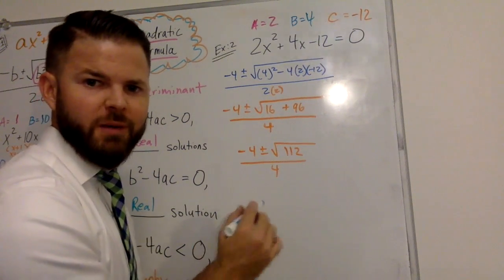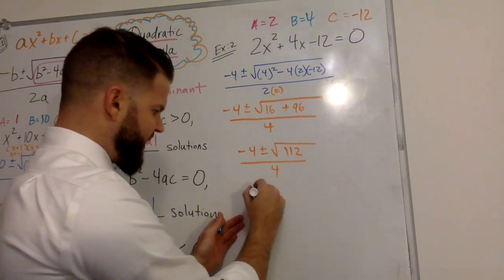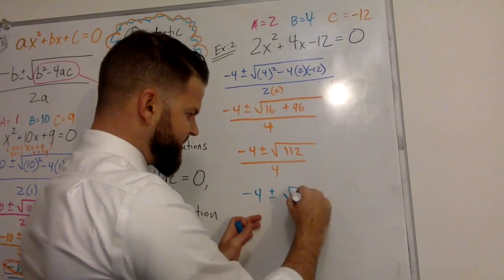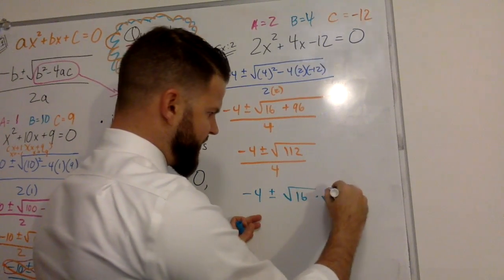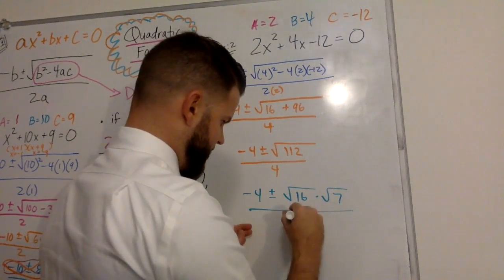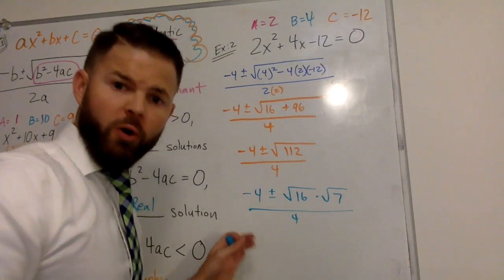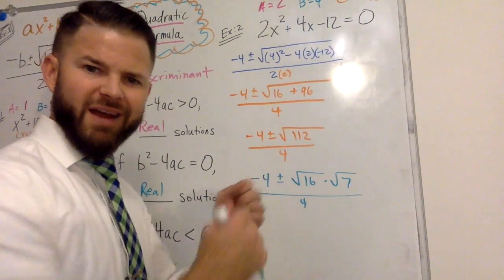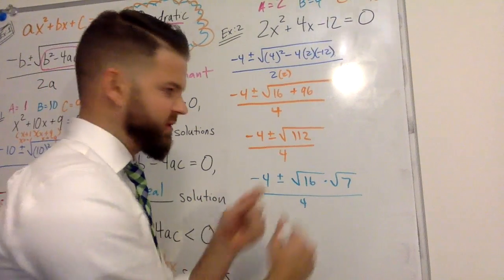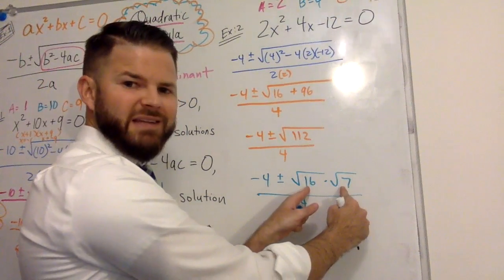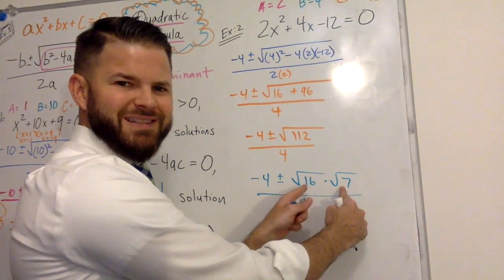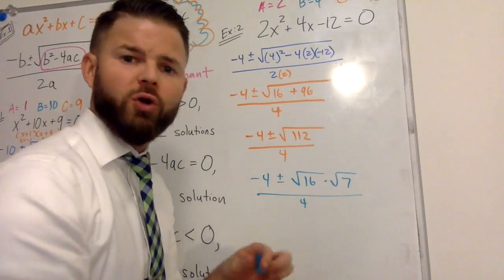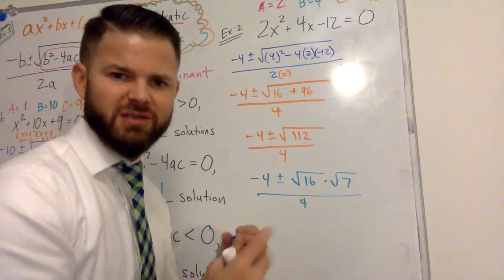So I'm going to chop this thing up and try to manipulate it. I got negative 4 plus or minus, and if I chop this up, I should have something like this. I know you're thinking, whoa, where'd all that come from? All I did was take 112 and chop it up into different factors. The factors I chose were 16 and 7, simply because 16 is a perfect square. 16 spits out a whole clean number that I can manipulate easier.